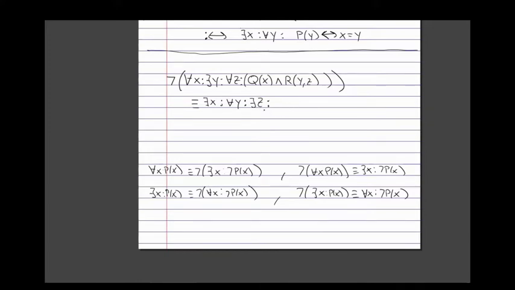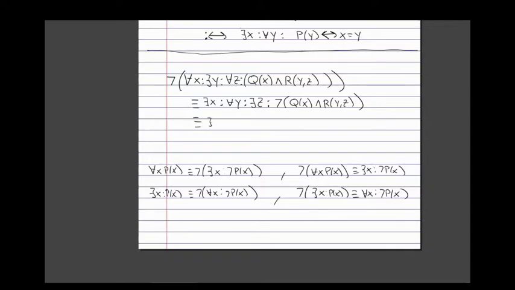Got to be careful here now too, because this now needs to be the negation of this statement. So I'm going to put here the negation of the statement Q of X and R of YZ.